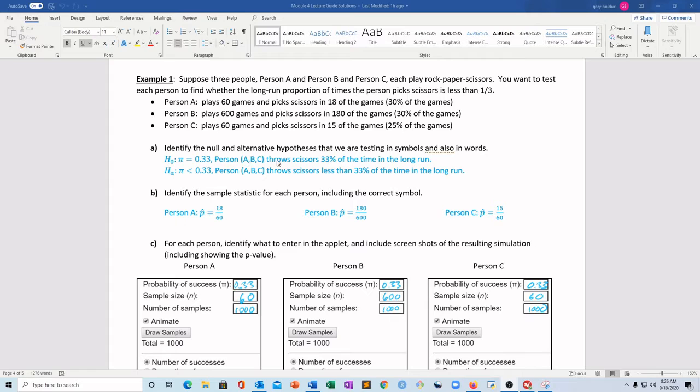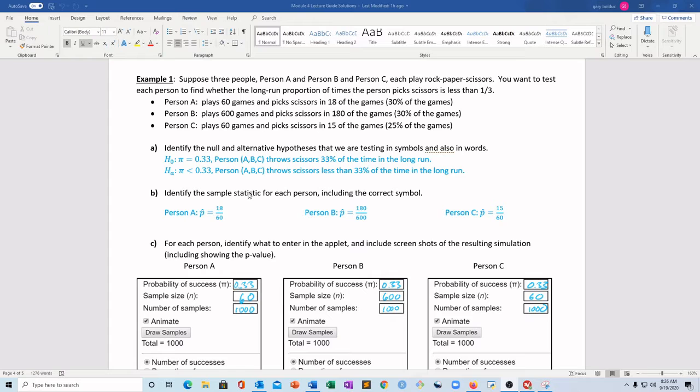Person A throws scissors 33% of the time in the long run. The alternative: person A throws scissors less than 33%, because the problem tells us less than. You can replace A with B or C to get the hypotheses for each person.